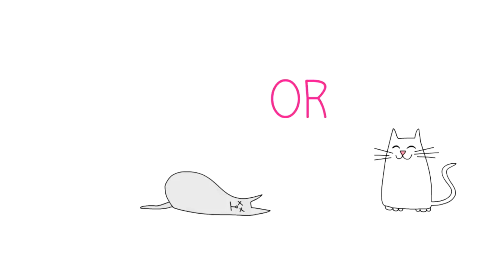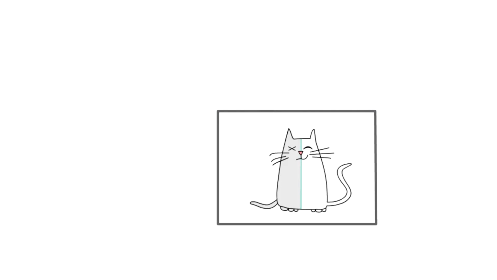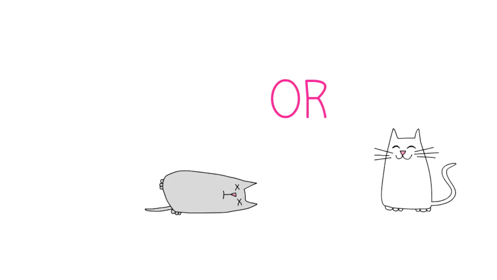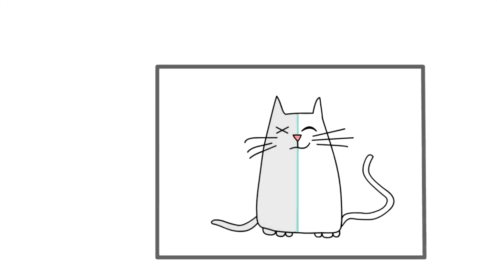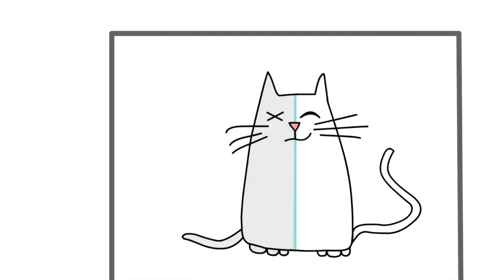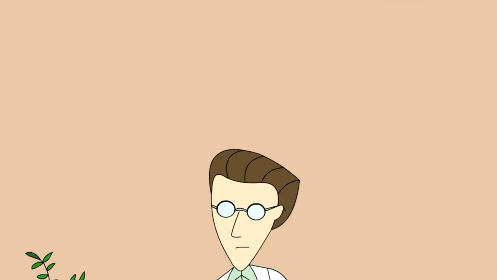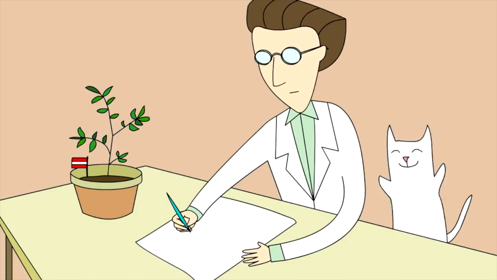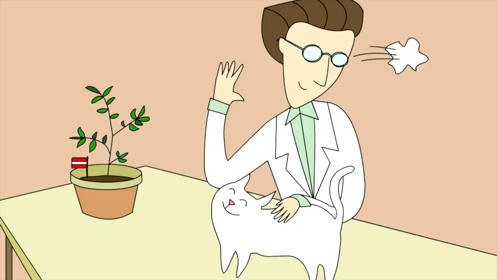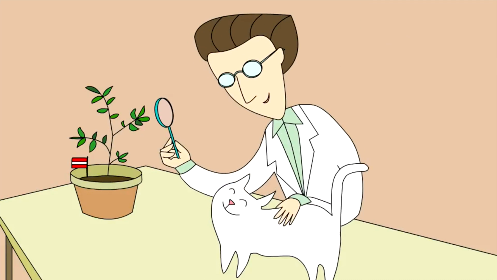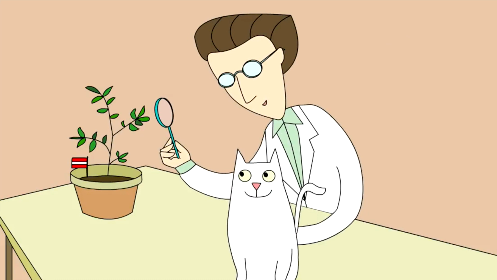Common sense suggests that the cat is alive or dead, but Schrodinger pointed out that according to quantum physics, at the instant before the box is opened, the cat is equal parts alive and dead at the same time. It's only when the box is opened that we see a single definite state. Until then, the cat is a blur of probability, half one thing and half the other. This seems absurd, which was Schrodinger's point.